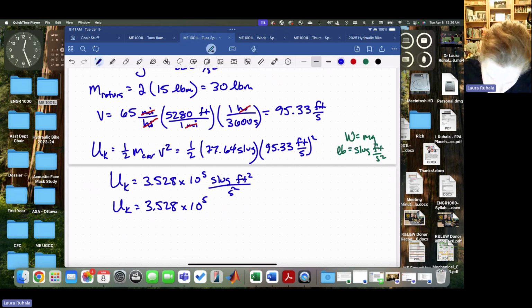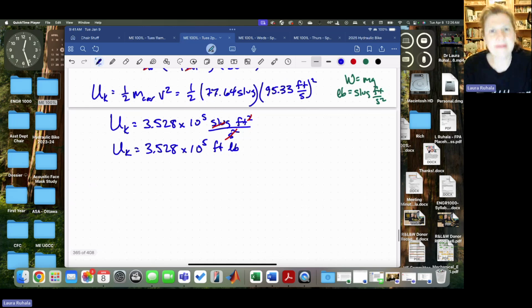If I can get rid of slug foot per second squared and instead put pound, I'm going to get rid of the exponent there, second squared. This is going to give me a pound. And I still have a foot left over. So that's a pound foot, or as we more conventionally call it, a foot pound. Okay, super. So this is the kinetic energy of the car.